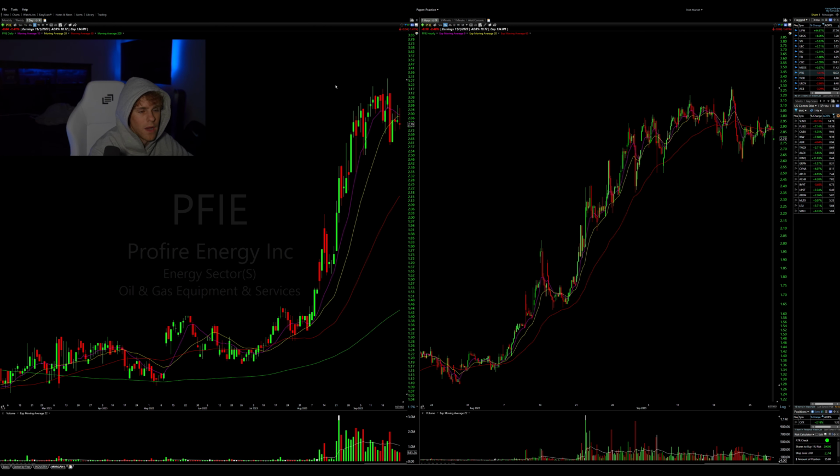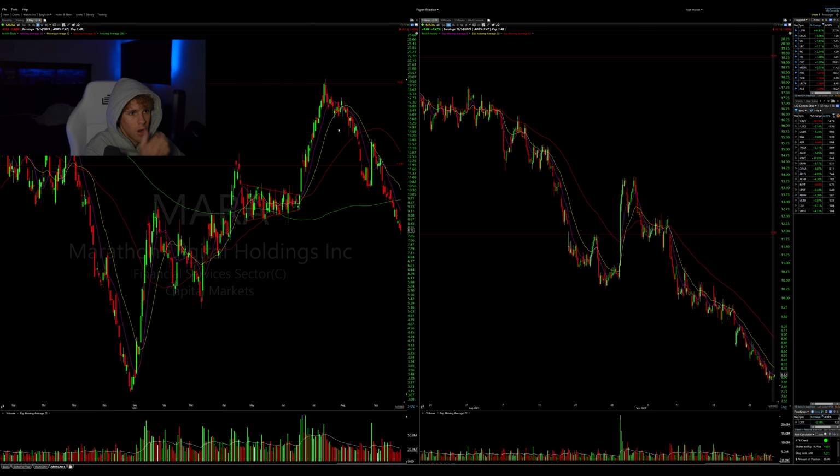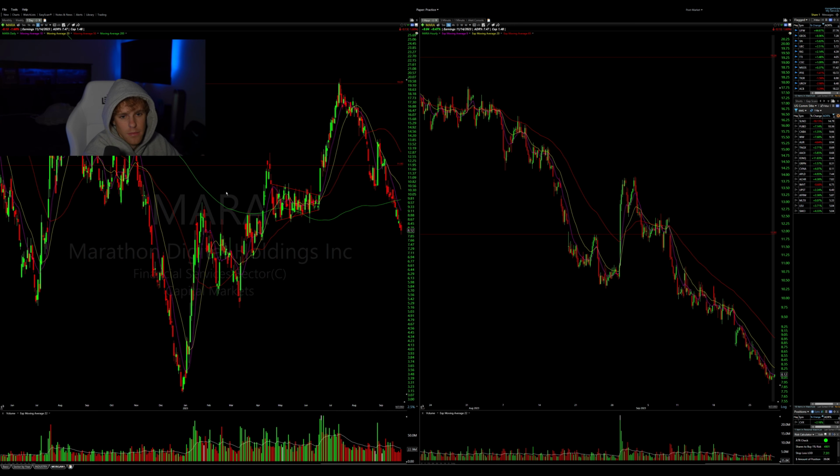You're not going to find super beautiful looking setups all the time. You're not going to find the NVIDIA all the time. That's rare. MARA at the time was a pretty decent looking setup. It was a really long consolidation, 2 months. But the setup before was pretty ugly, yet it did make a 40% move in a few days because it was in the right place at the right time, realistically.